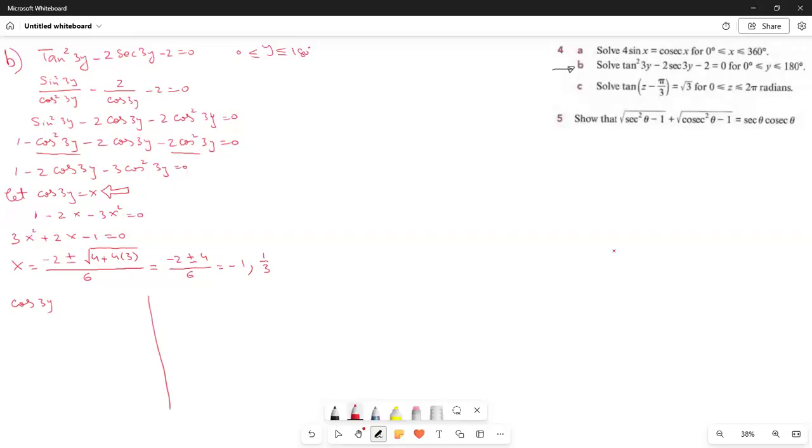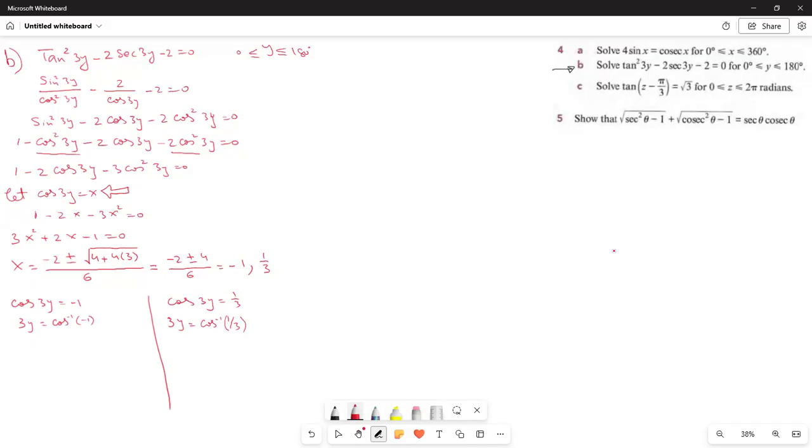So cos of 3y is equal to minus 1, or cos of 3y is equal to 1 by 3. So from here, 3y is equal to cos inverse of minus 1, and 3y is cos inverse of 1 by 3.